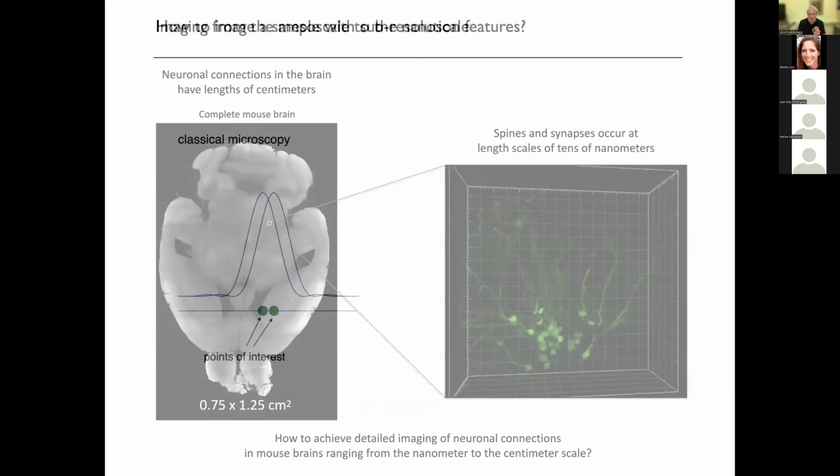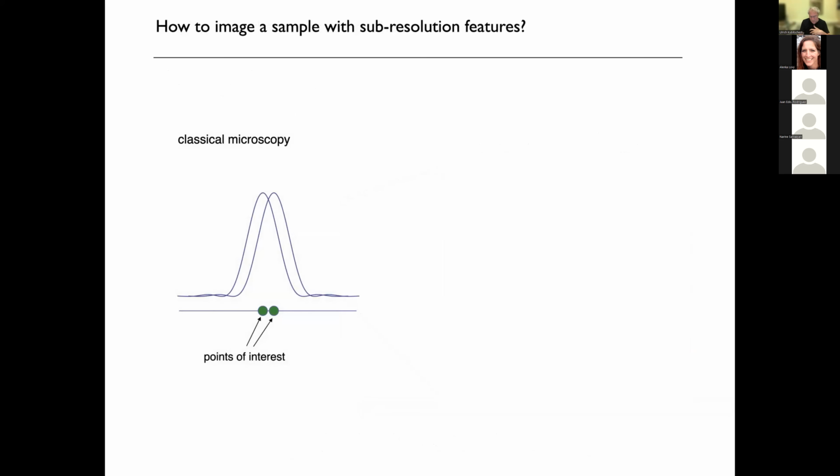Okay, in order to achieve a particular optical resolution, we need to tell apart the fluorescence from 2 points of interest, as indicated here. So classical microscopy has its limits where these points are too close to each other, because if the objects are very close to each other, the respective point spread functions in the image plane will overlap. And this will not allow us to discriminate such closely located points of interest from each other.